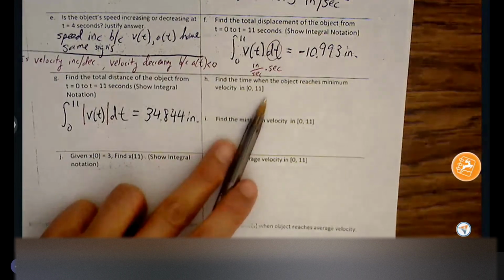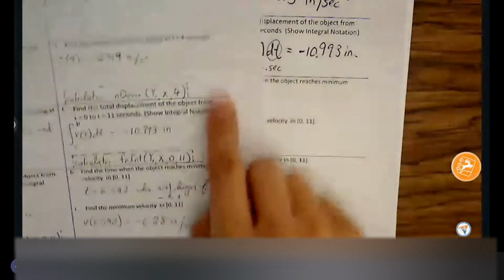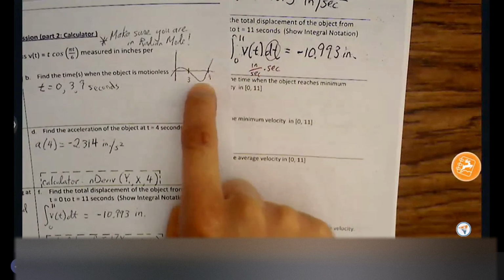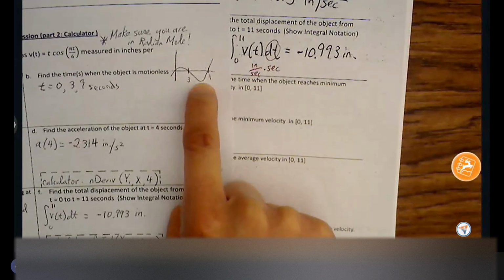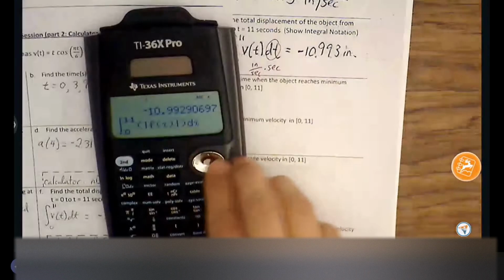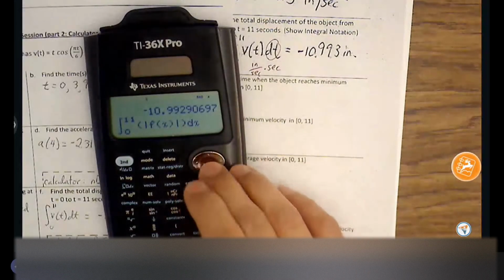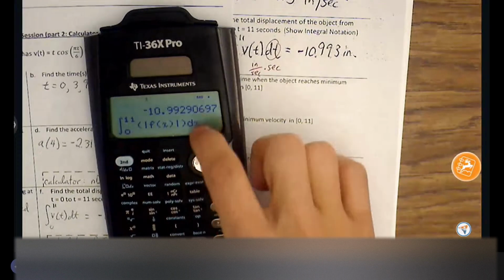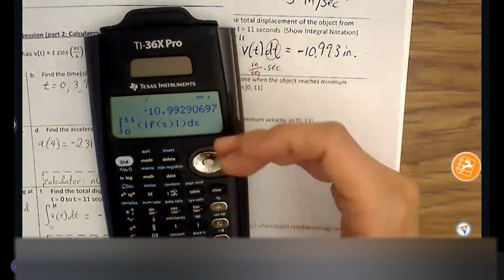Okay, find a time when the object reaches minimum velocity. Basically, you're just going to be scrolling down and finding where your velocity is at the lowest point. If you're on a 36 Pro, you're scrolling to see when your table of values reaches the lowest y value.